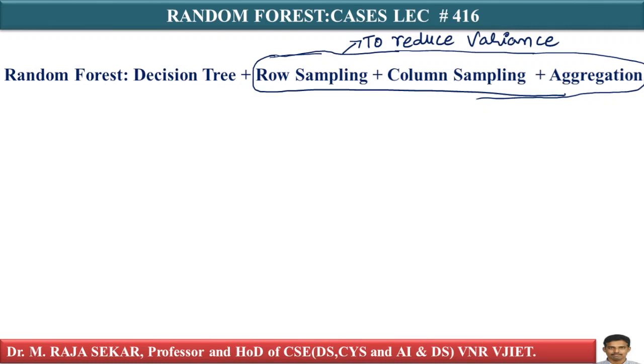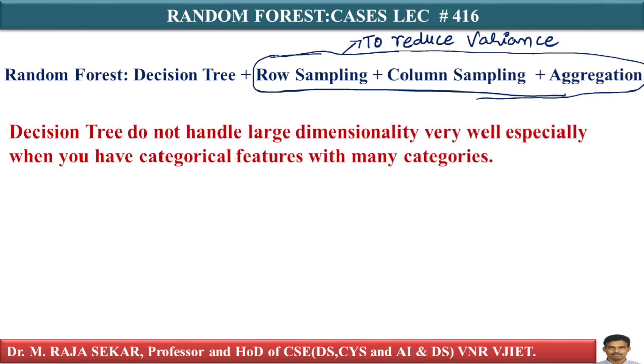Whenever the properties or cases that we have seen for decision trees, for example, decision trees do not handle large dimensionality very well. We have seen this especially when you have categorical features with many categories. Doing one hot encoding is not a good idea for decision trees.